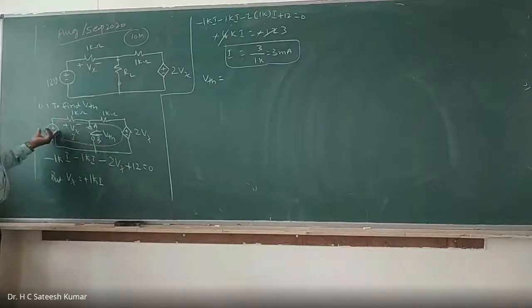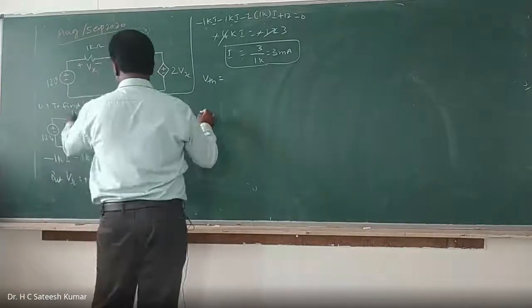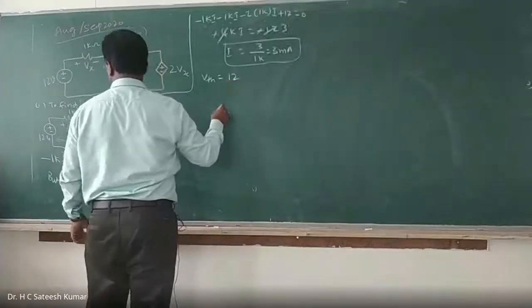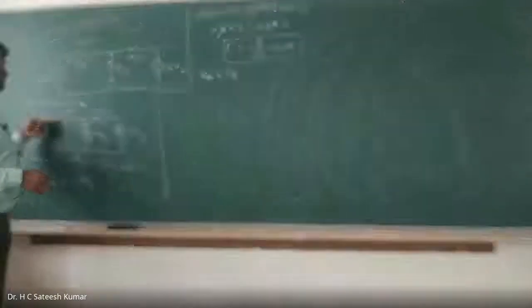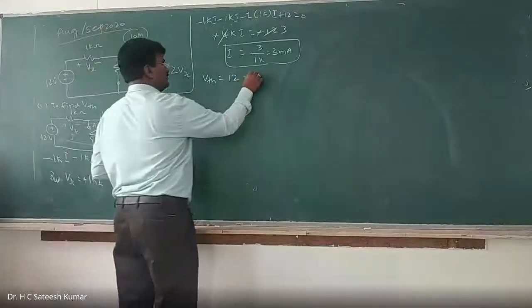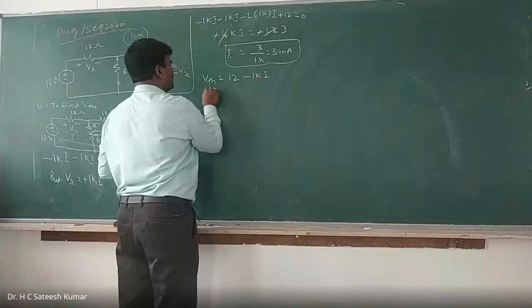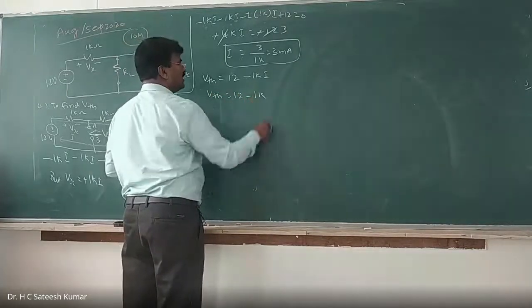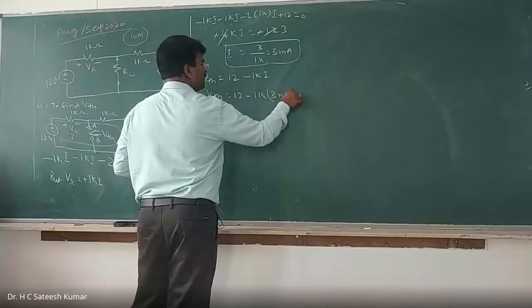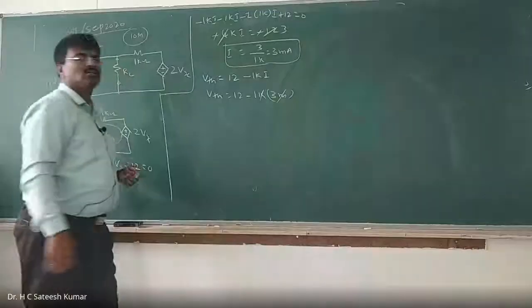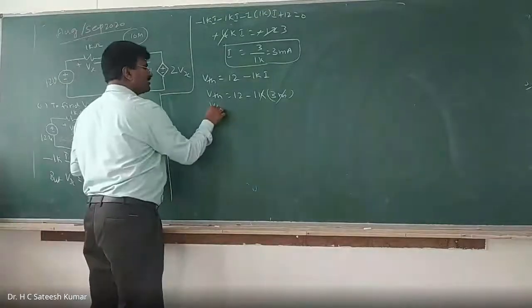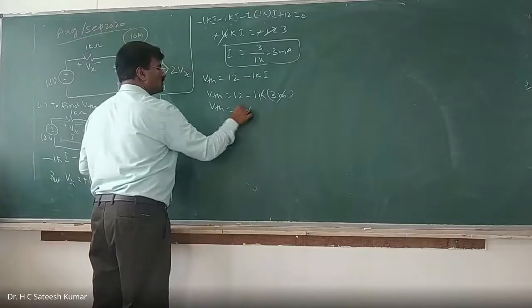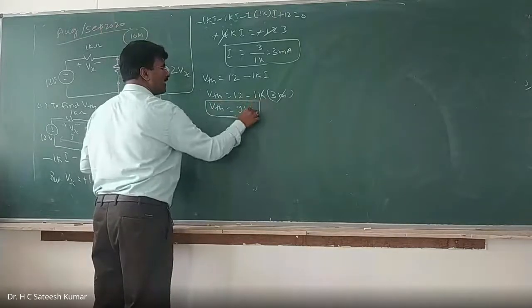Therefore, VTH is equal to minus to plus, is plus 12, and same direction here, minus 1K into I. VTH is equal to 12 minus 1K into 3 milli. Milli and kilo get cancelled. 12 minus 3 is 9. VTH is equal to 9 volts. 9 volts, we get it.